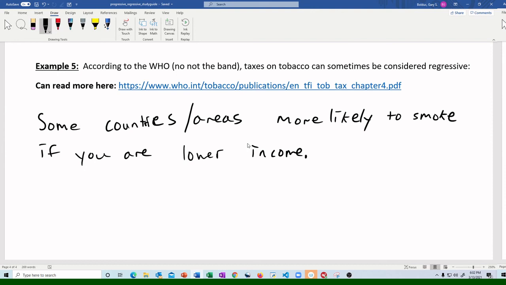Now, they also talk in here, and you can find many other resources on this, about the benefits of this type of tax for these groups. And so this is interesting because there's a counterbalance. There's always counterbalances to these things. There's always pros and cons that you have to be thinking about.